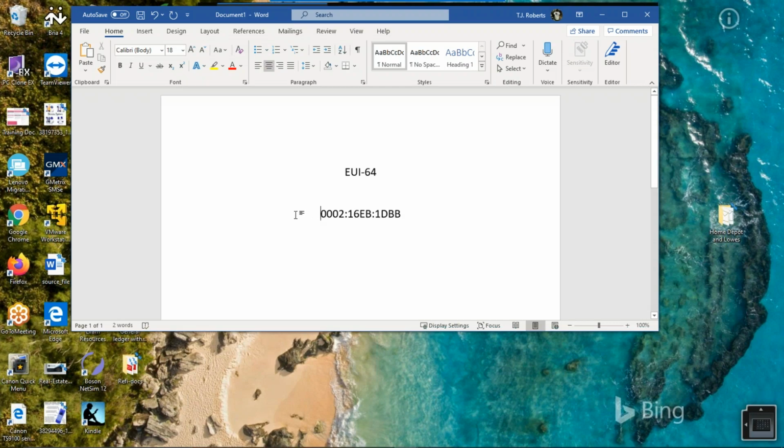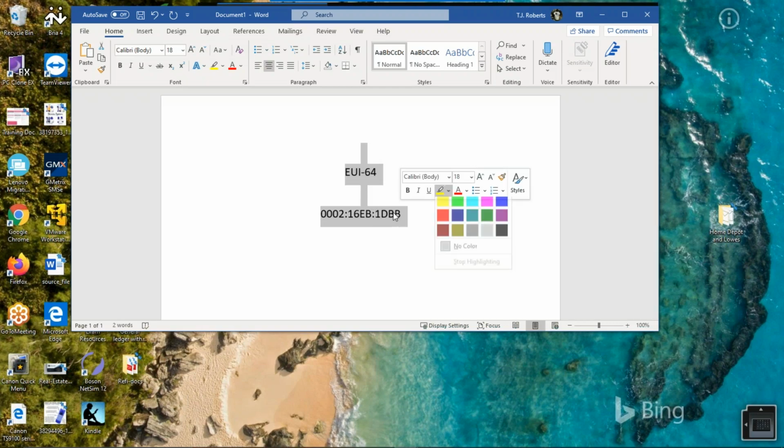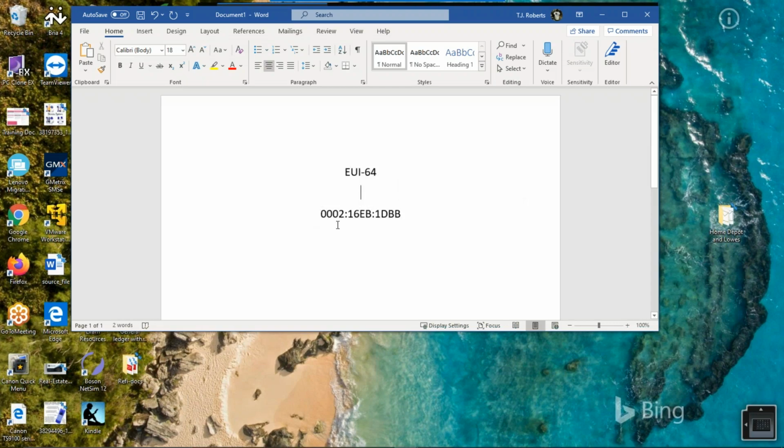Instead of 8, this value is represented by 4. Give me a second. I'll make this a little bit bigger. So everyone's following? All right. So this value right here is 4 bits.